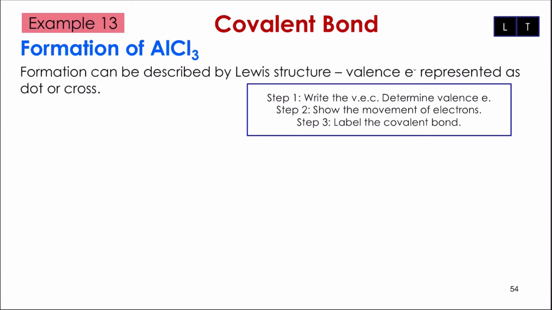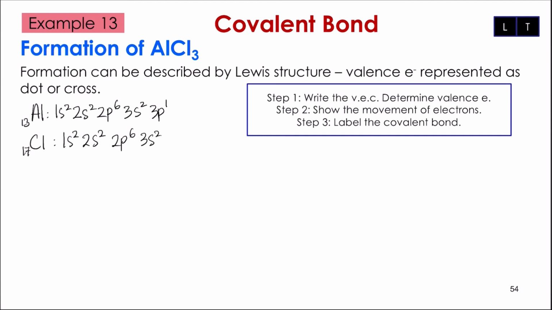For aluminium, you got Al 13, which will be 1s2, 2s2, 2p6, 3s2, 3p1. And after that, chlorine, you have 17. So it will be 1s2, 2s2, 2p6, 3s2, 3p5.